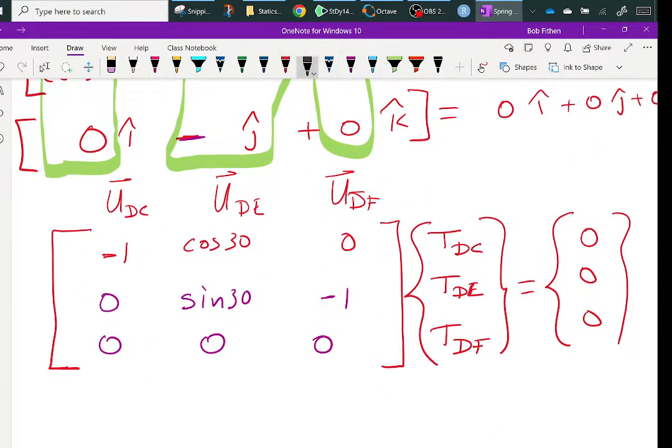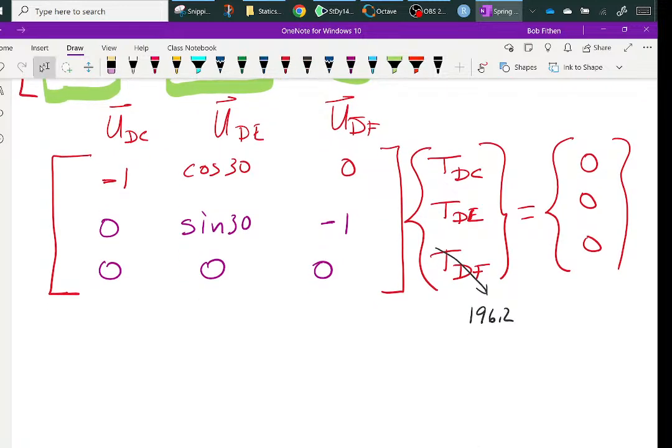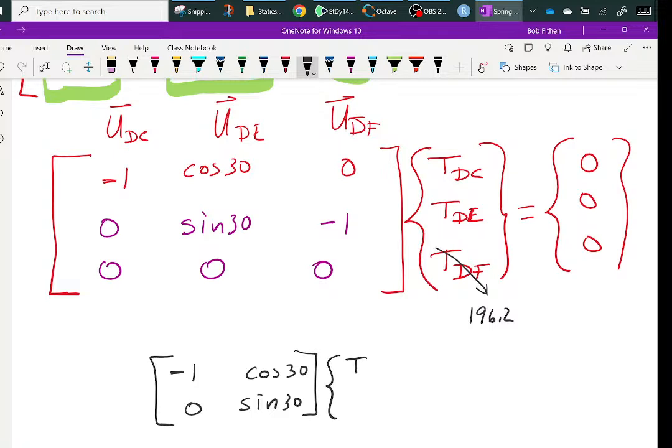So I can go in here and strike that out to say 196.2. Now, if you carry that out and multiply it, what you'll get is, and I'll just simplify things, cosine 30, 0, sine of 30, and you will get 2 out of here, T_DC and T_DE.